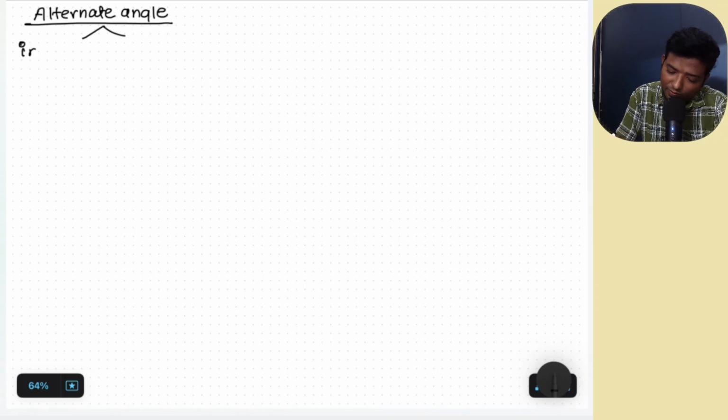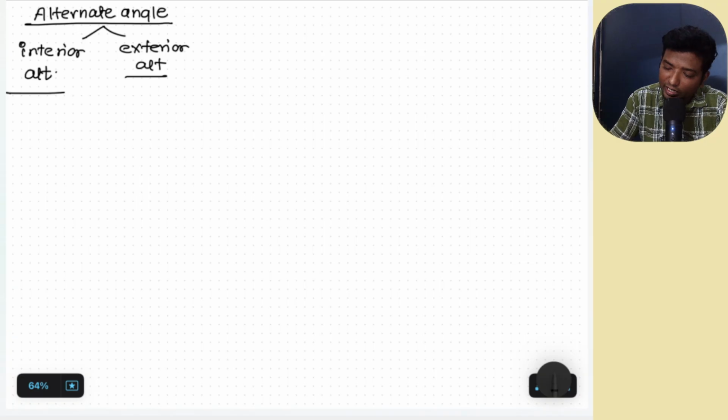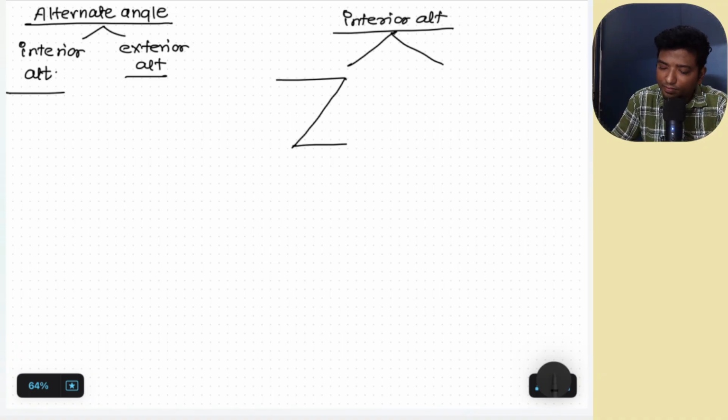One is interior alternate, and the other is exterior alternate. Let me teach you first interior alternate. Quite easy. Interior alternate. So for this, you have to remember two shapes. That is a normal Z, a very usual Z that we see.